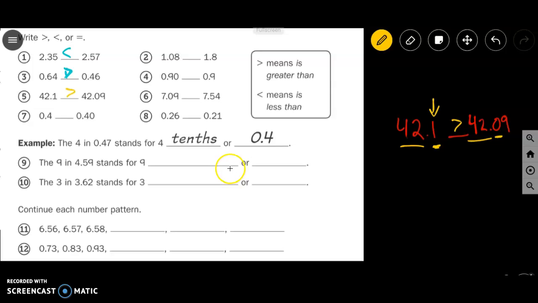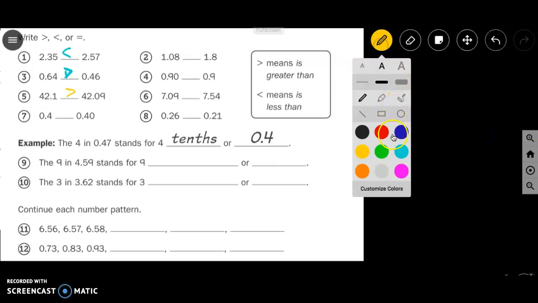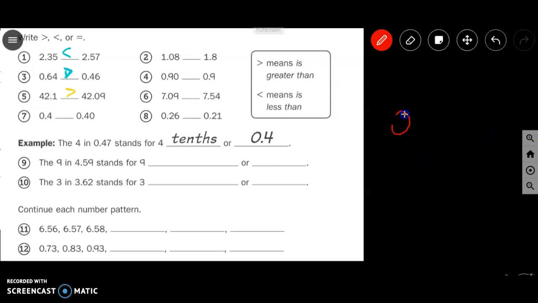All right, now we have different ways to write numbers. So I can write 0.1, and that would be equal to 0.10. It's the exact same thing. Okay, so here we have 0.4 and 0.40.